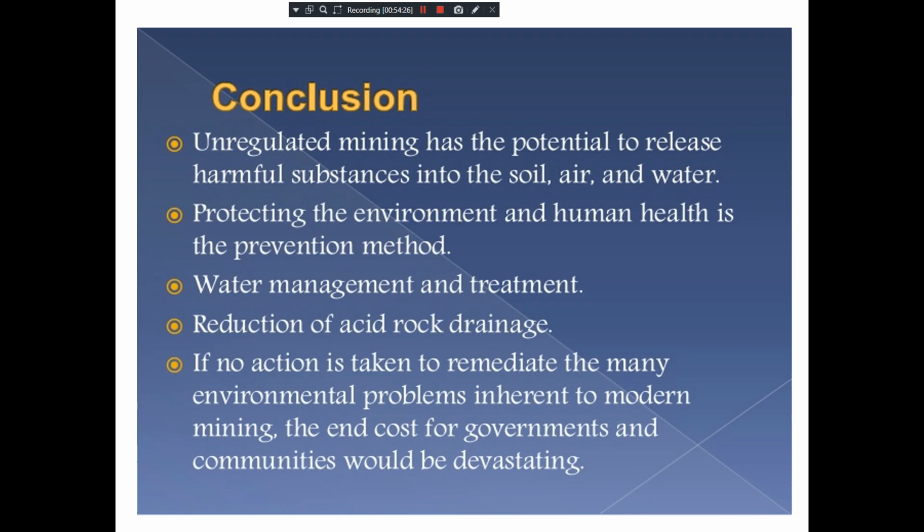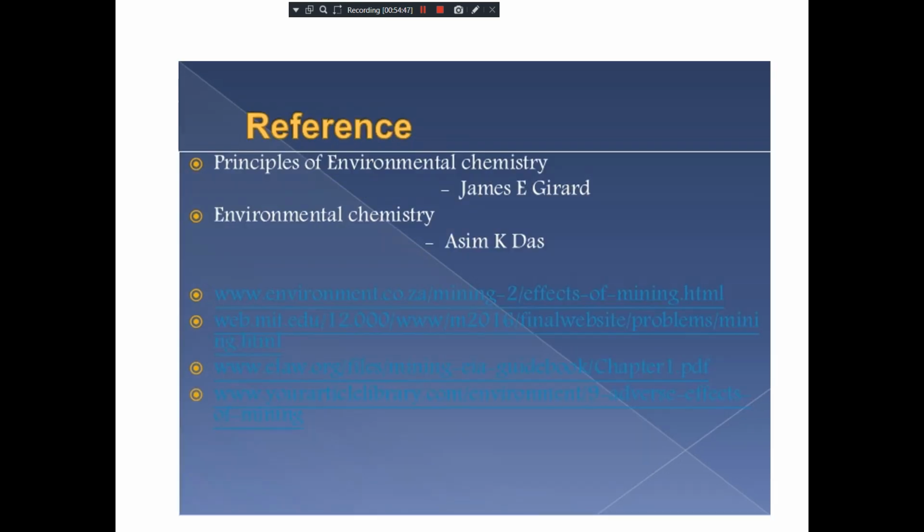So judicious use, equitable sharing, regulated mining, reuse of minerals, and finding substitutes for them will be the answer, so that we can retain our environment clean and green. So that's what I wanted to share with you as far as this is concerned.